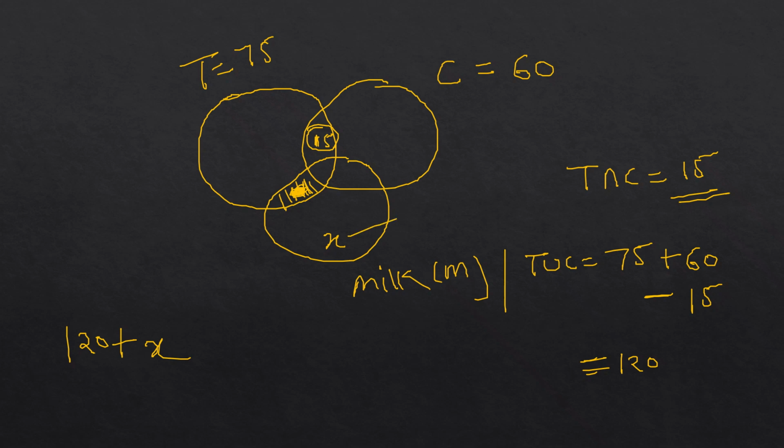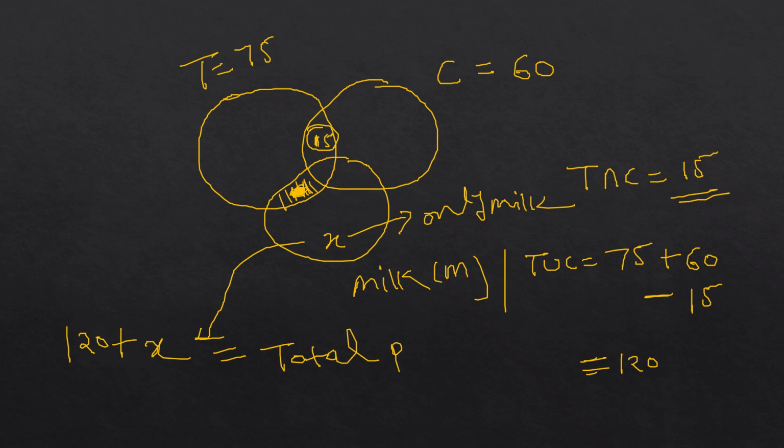And what is this x? X is only milk, because we already included this 75, this 60, and only x is remaining. So we will add it to 120. So this is the total persons. Equation for total persons: 120 plus x. So ultimately we have to find out the value of x, where x is the persons who prefer only milk.